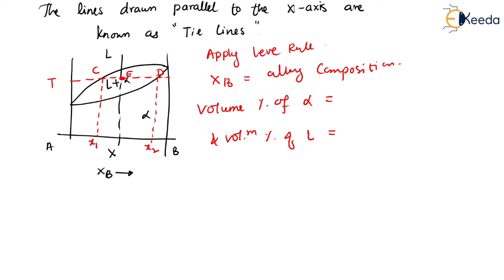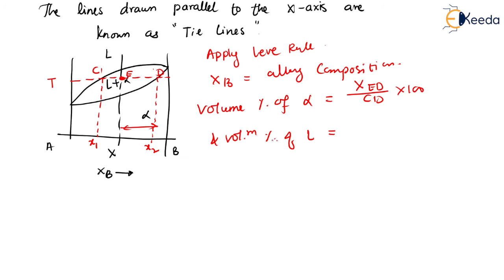And I will have the fulcrum at this point, say at E. So dear students, if I want to find out the percentage volume of alpha, it will be ED divided by the total length of the arm CD, multiplied by 100, isn't it?